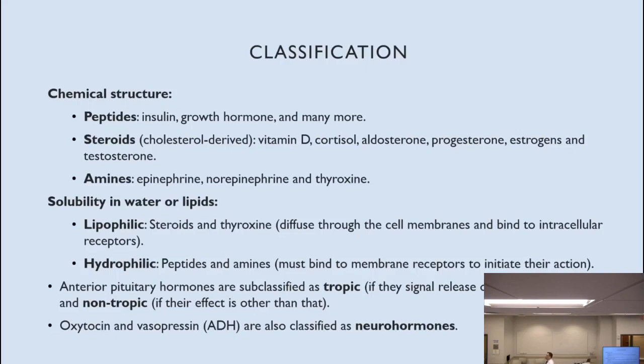Then we have the solubility. Some of them are lipophilic. When we say lipophilic, we are also saying they are hydrophobic. They love to be dissolved in adipose tissue, in lipids. And I say adipose tissue so you understand that this will have implications later. Not in physiology, but in pharmacology, you're going to have problems to solve.